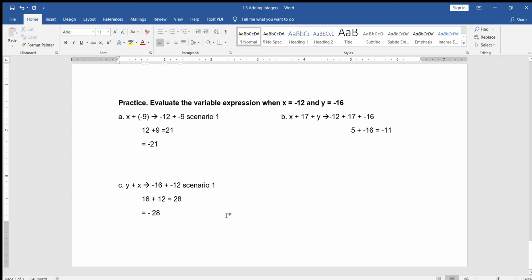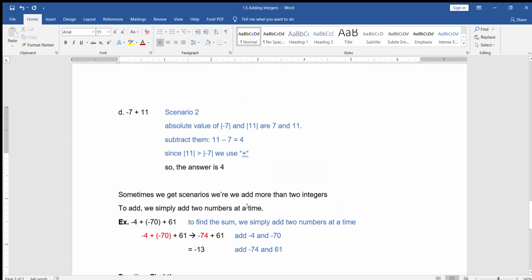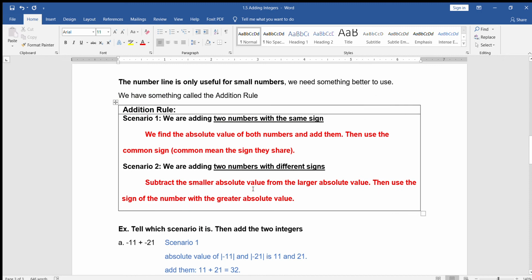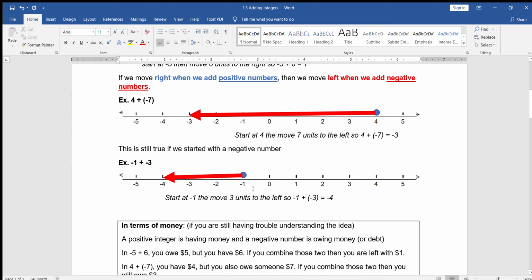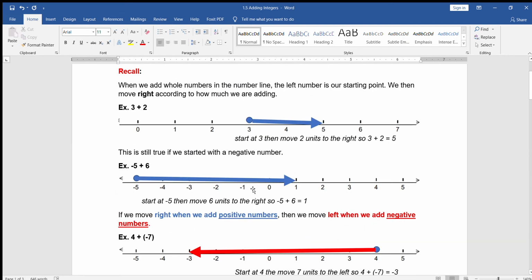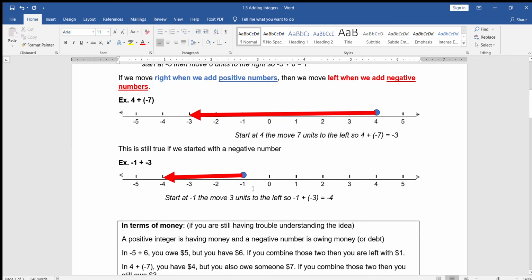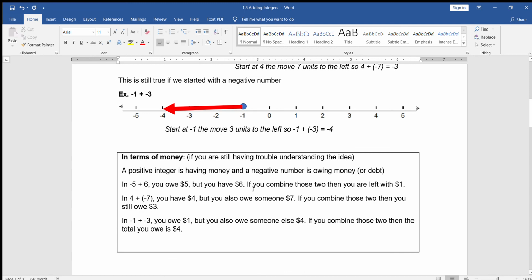And that's basically it for topic 1.5. You guys try doing the homework or some practice, but hopefully you learned a lot in this topic 1.5.